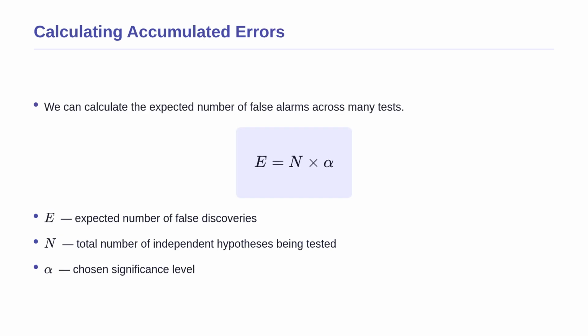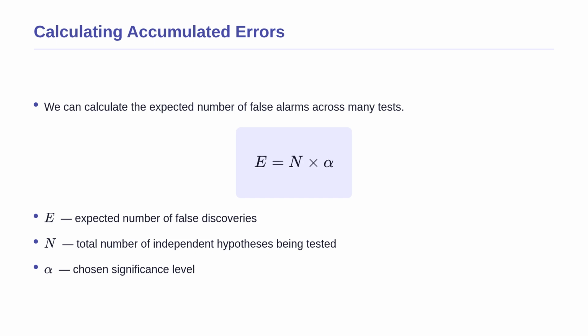To understand exactly how severe this multiple testing problem is, we need a formula to calculate the damage. This equation comes from the concept of expected value in probability theory. It calculates the raw number of mistakes we expect to make just due to random statistical noise. The variable n represents the total number of independent hypotheses, or genes, being tested.